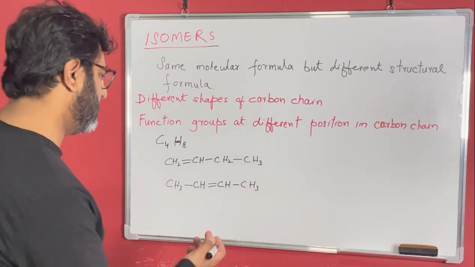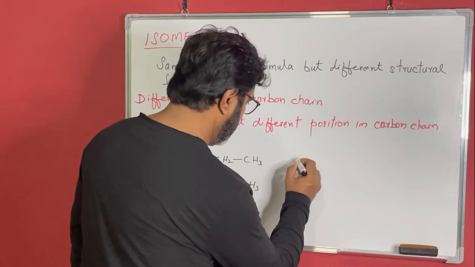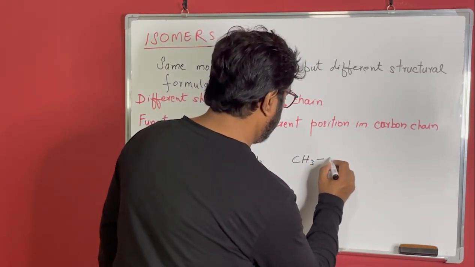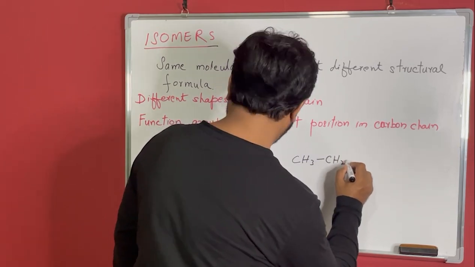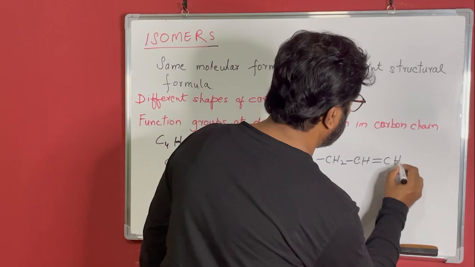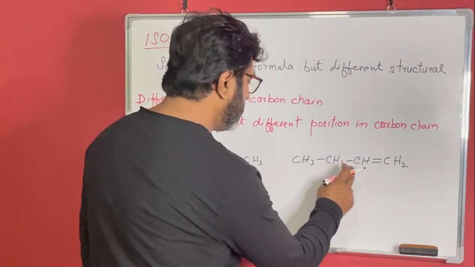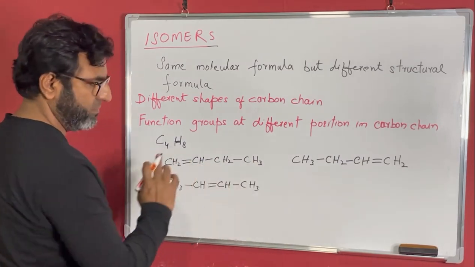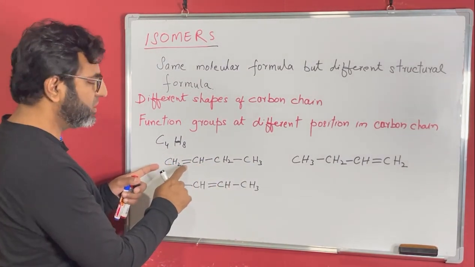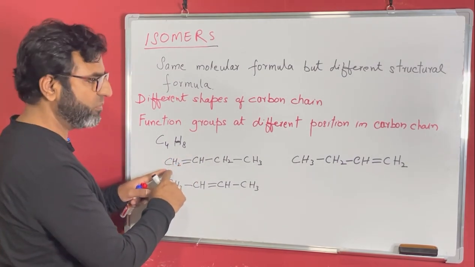Somebody might think we can write another structure also. Let's see. CH3, CH2, CH double bond CH2. But this one and this one are the same, because if you name it, you will start naming from the left hand side, so it is at position number 1.